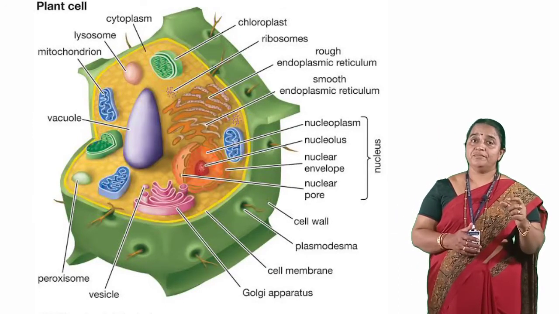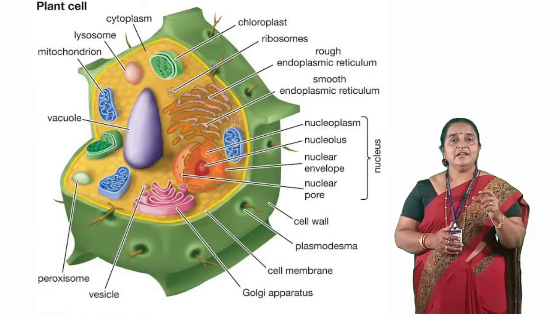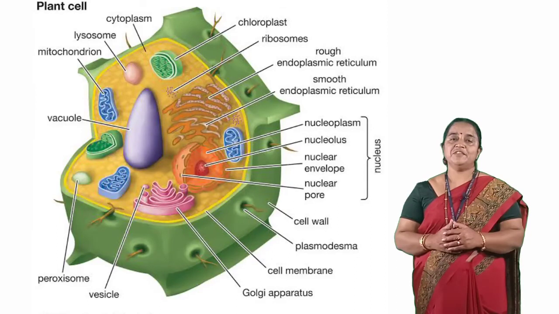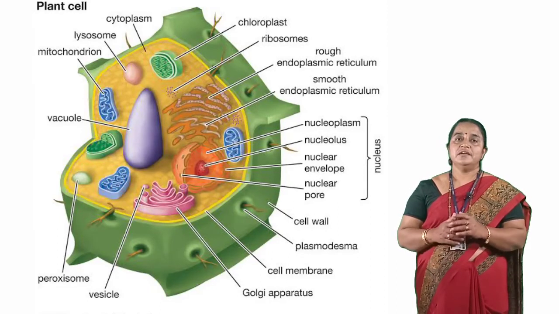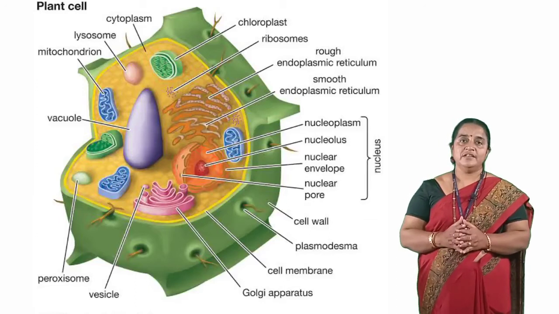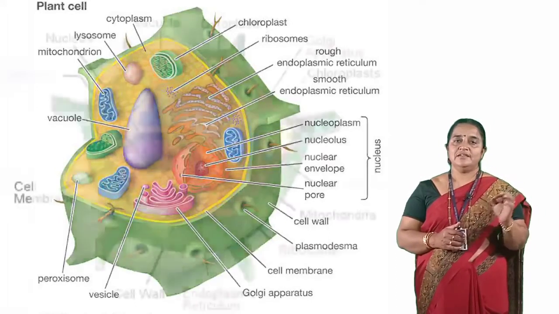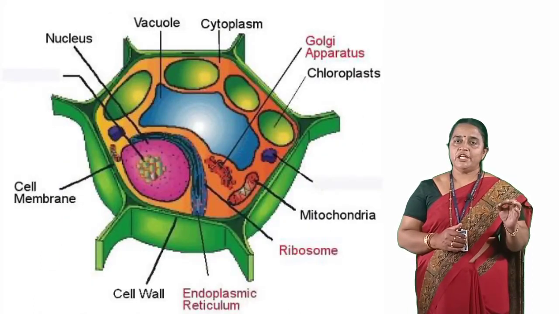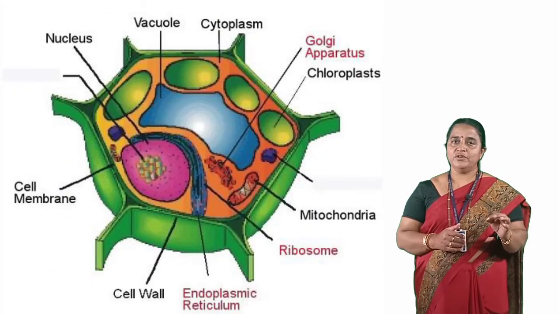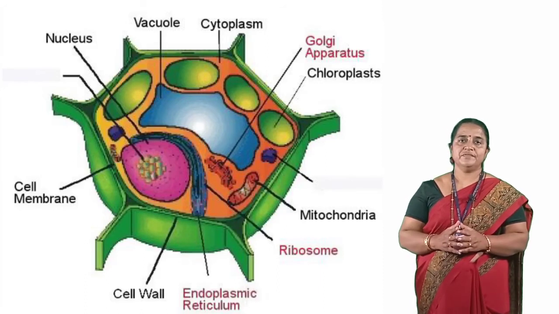There is a lysosome. It is considered a suicidal bag. In the lysosome, hydrolytic enzymes are present which digest unwanted components generated within the cell. So, the plant cell has 7 cell organelles: endoplasmic reticulum, Golgi complex, mitochondria, plastids, lysosomes, vacuoles and ribosomes.